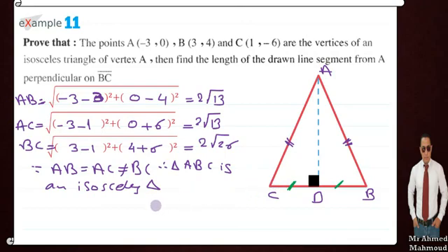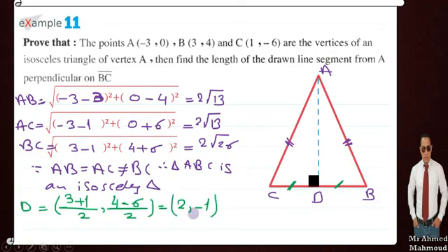Now D equals the midpoint of BC, which is equal to 3 plus 1 over 2 and 4 plus negative 6 over 2, which is equal to 2 and negative 1.